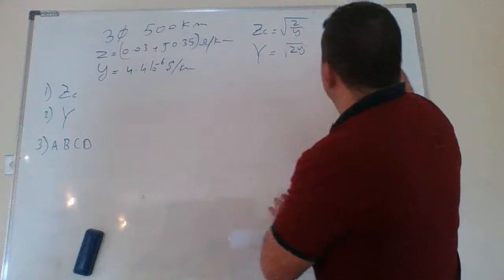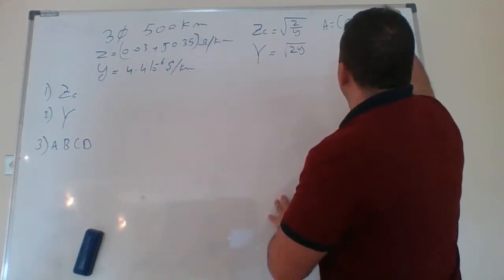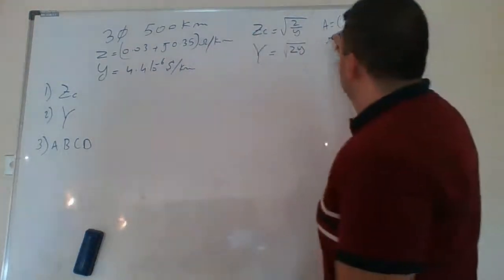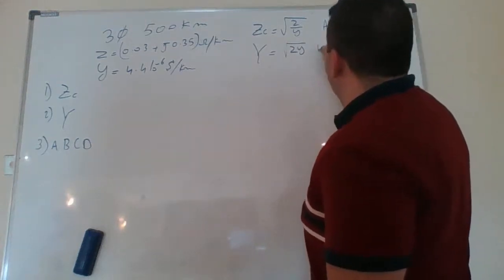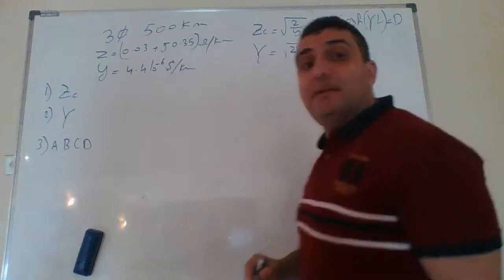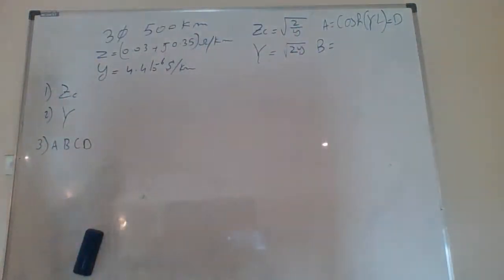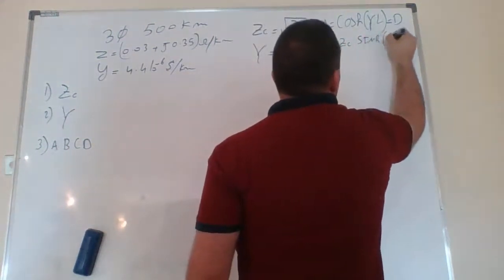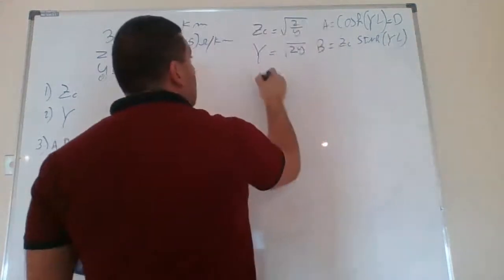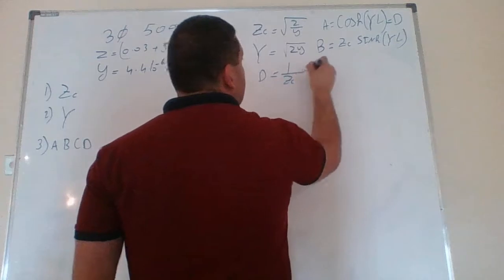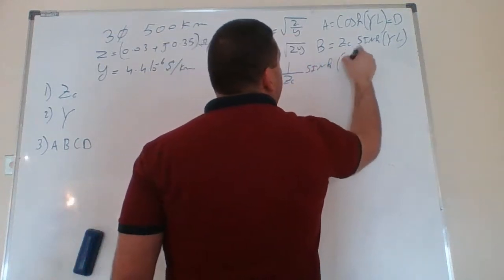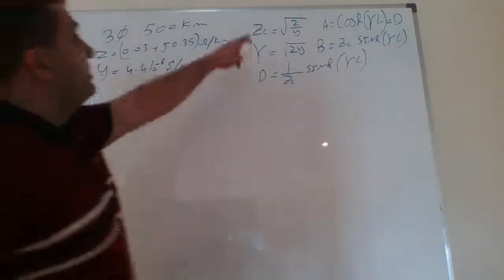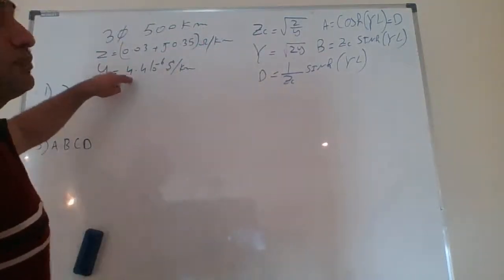A is equal to cosine hyperbolic of gamma L, where X is the length L, and D is equal to A. B is equal to ZC sine hyperbolic gamma L, and C is 1 over ZC sine hyperbolic gamma L. Perfect.